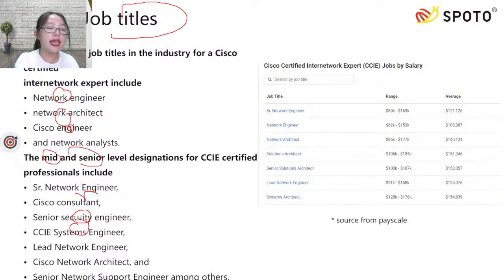So we can see the pay scale. According to the pay scale, we can see the job title varies based on years of experience, but it can be ensured that there are huge potentials for CCIE certification holders and great salary enhancement for CCIE networking professionals.